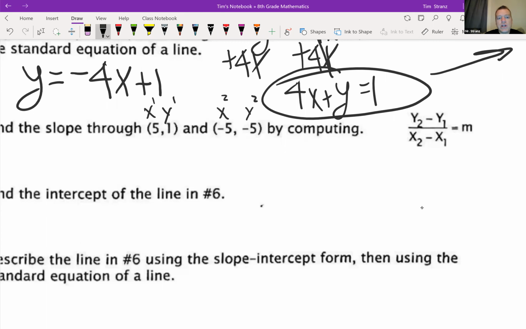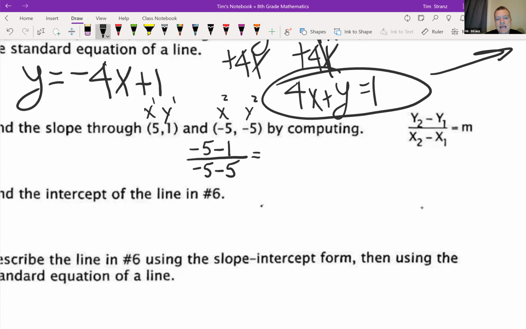So if I look at my equation over there, I'm going to take my second y value, which is -5, and I'm going to subtract my first y value, which is 1. On the bottom, I'm going to take my second x value, which is -5, and I'm going to subtract my first, which is 5.